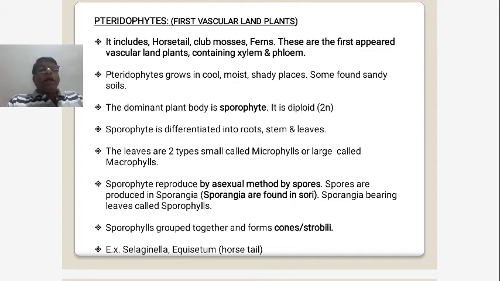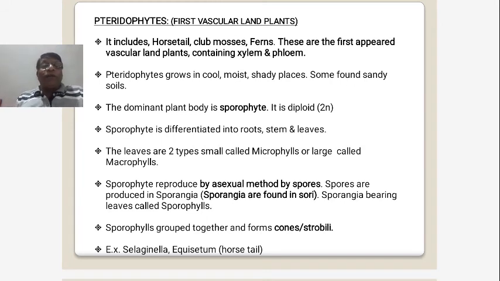Okay. Now, how do ferns or pteridophytes reproduce? Asexually, by the formation of spores. The spores, when they germinate, produce what is known as gametophyte. Okay. Another important point, note it.